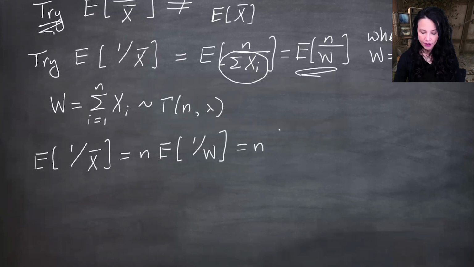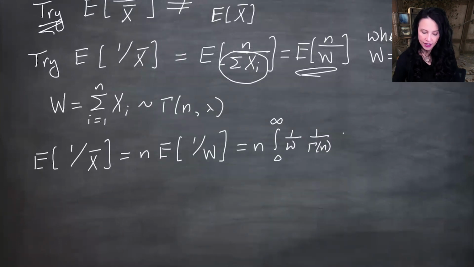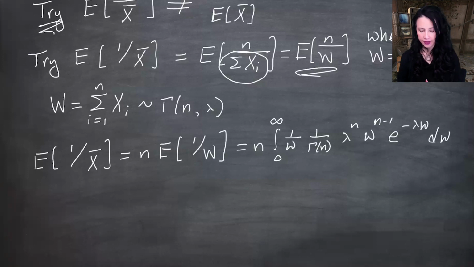I'm going to write out what this is. I'm going to spare the generic thing and go straight to the integral from 0 to infinity, 1 over w times that gamma PDF, which is 1 over the gamma function at n, lambda to the n. I'm using w as my variable here, w to the n minus 1, e to the minus lambda w dw.